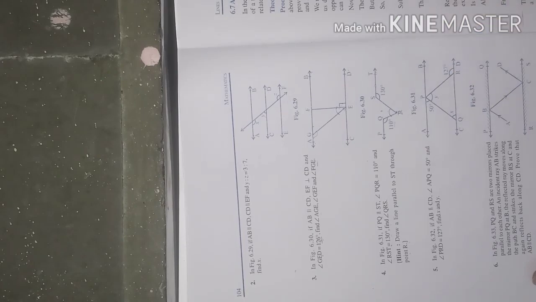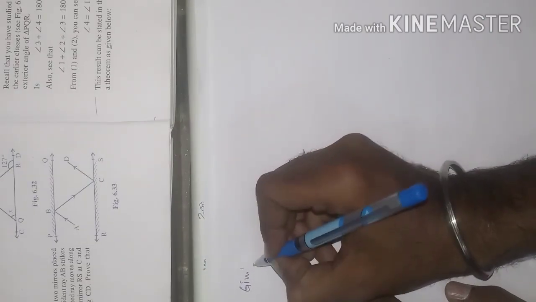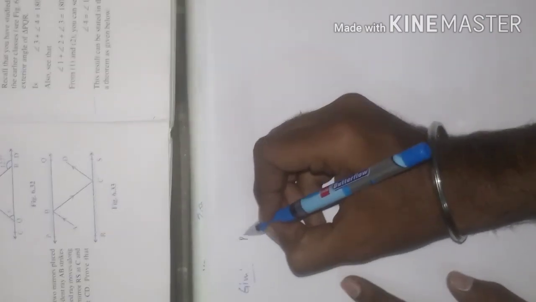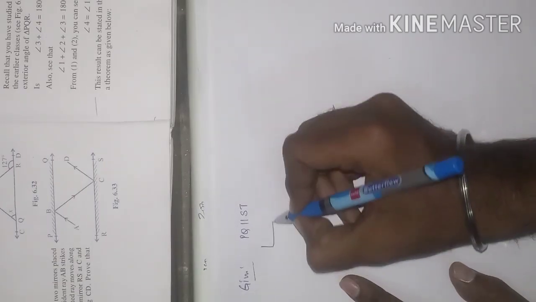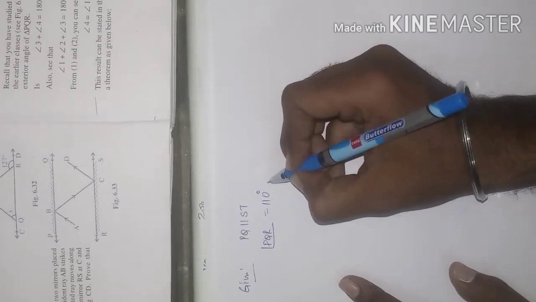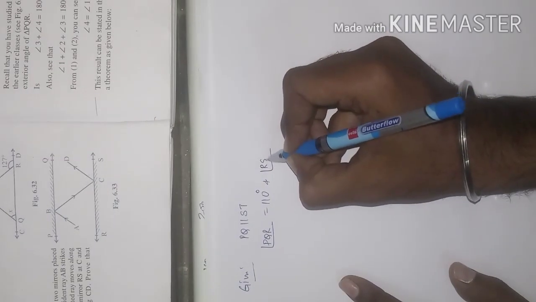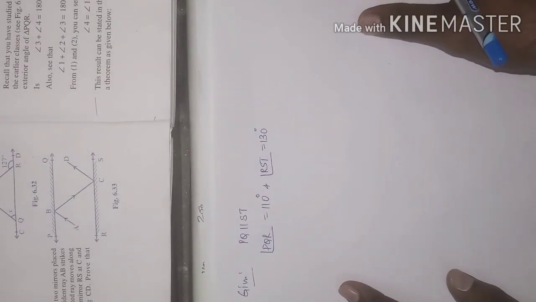So let us solve this example. We will write the given part first. PQ is parallel to ST, angle PQR is equal to 110 degrees, and angle RST is equal to 130 degrees.